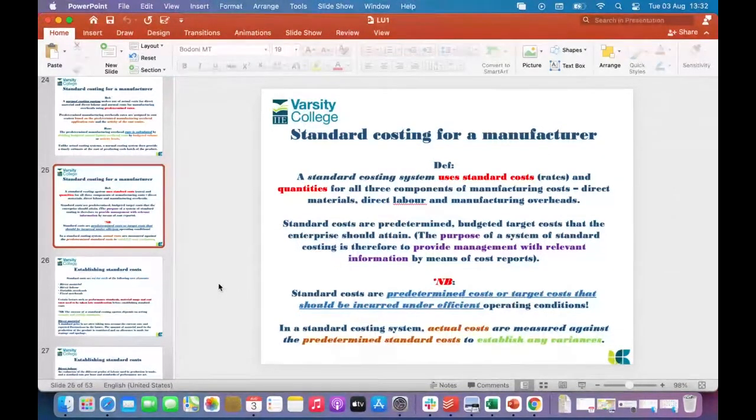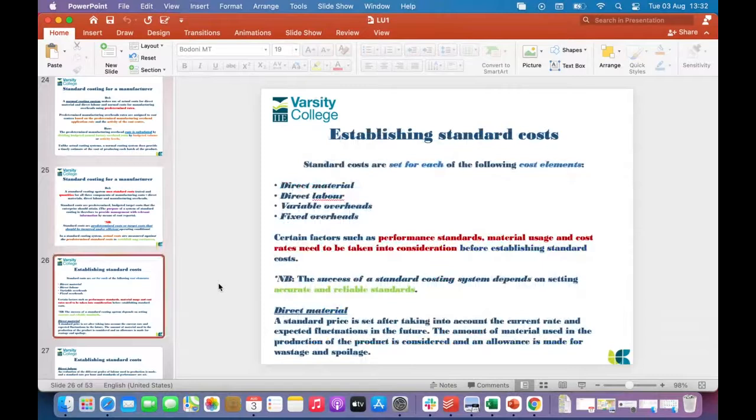In a standard costing system, actual costs are measured against the predetermined standard costs to establish any variances. Establishing standard costs. Standard costs are set for each of the following cost elements: direct material, direct labor, variable costs, fixed overhead. We've seen this stuff, so this is more of a recap than anything else.